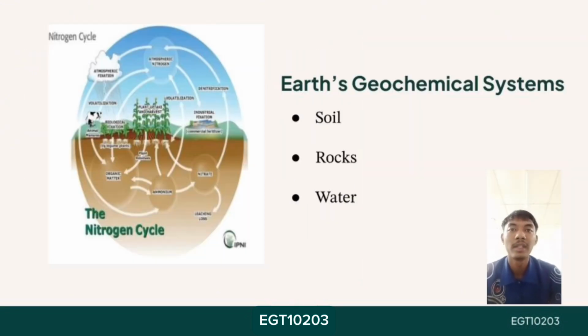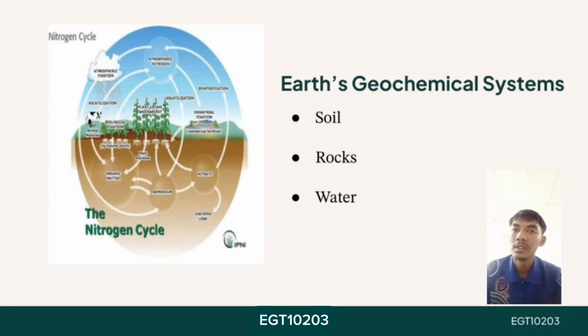Now, let's take a look at how Earth systems interact geochemically. We mainly focus on three components, which are soil, rocks, and water, constantly changing elements through natural processes.